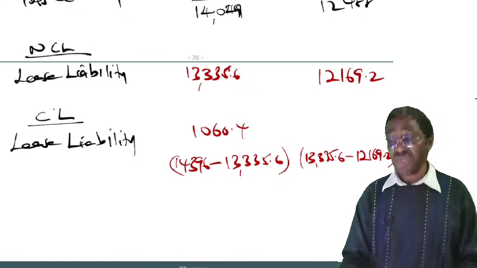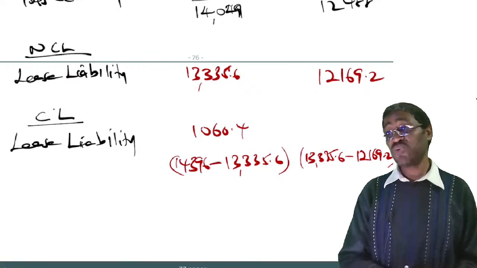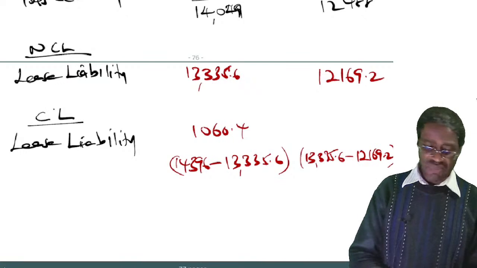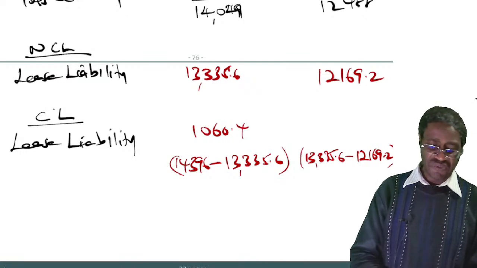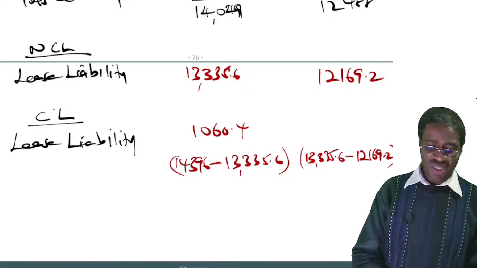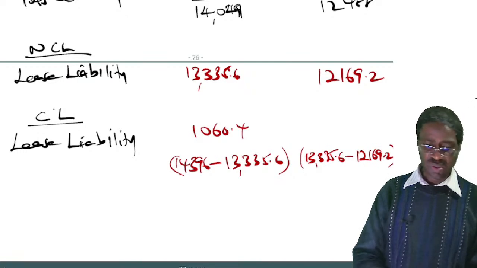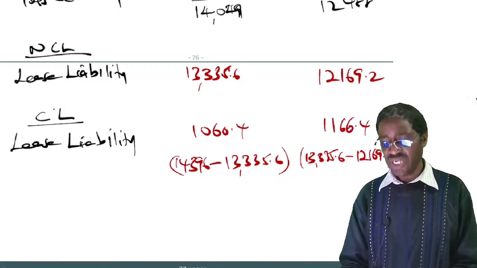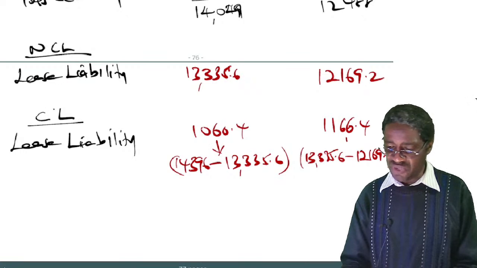So whatever difference must be paid within the next 1 year, that's what I take to be the current. Let me take 13,335.6, I minus 12,169.2. Looks like a difference of 1,166.4. So that's how we are getting these figures.